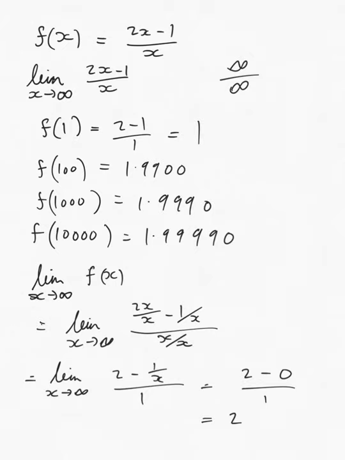So the limit of (2x minus 1) over x as x tends to infinity is 2, which means that I can make f of x as close to 2 as I like by making x sufficiently large. Here's another example. The limit as x approaches infinity of (3x plus 1) divided by (x squared minus 4).